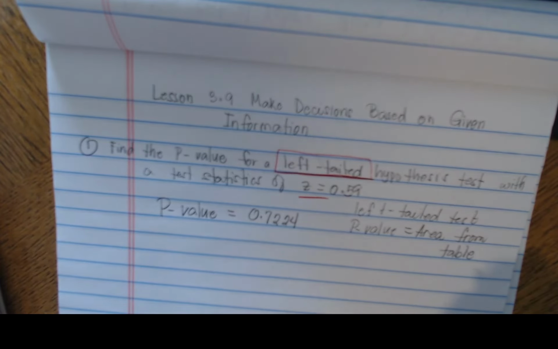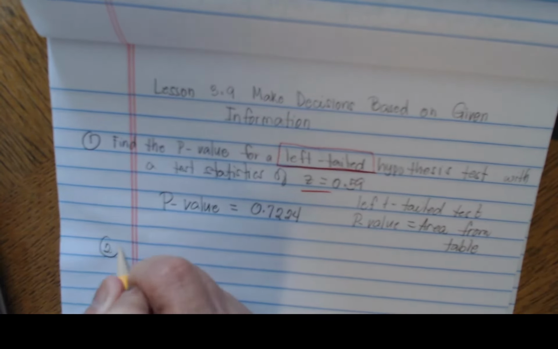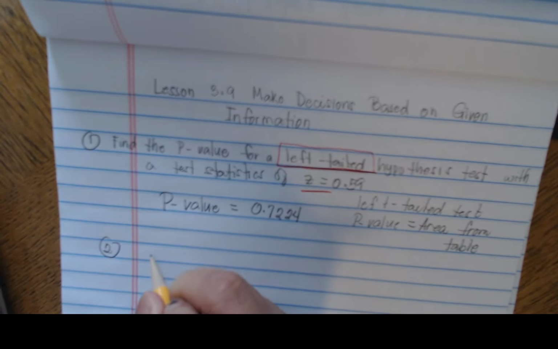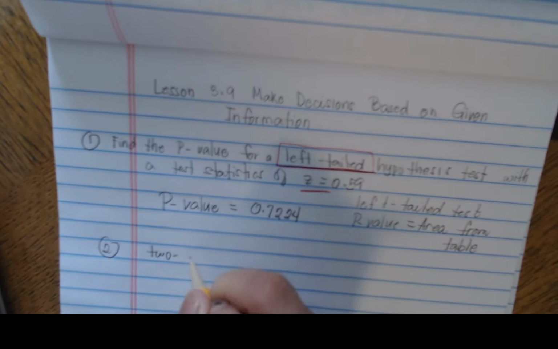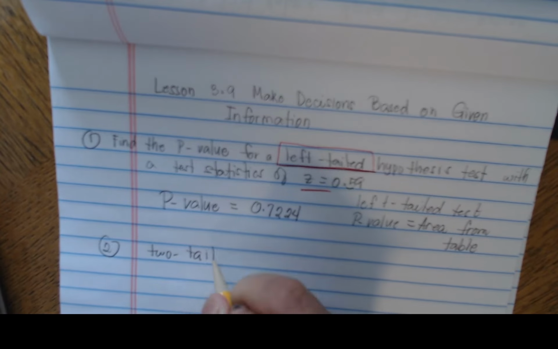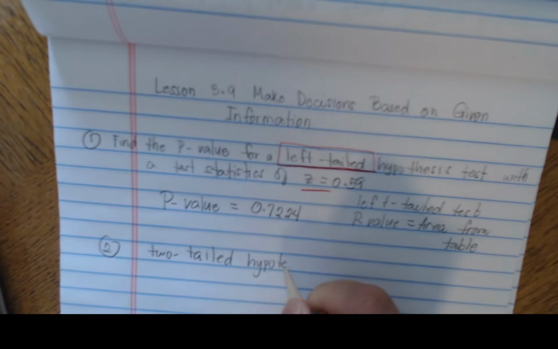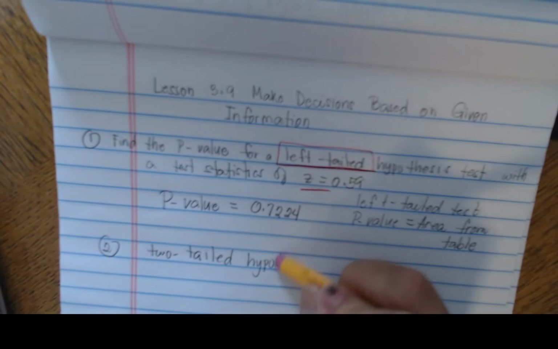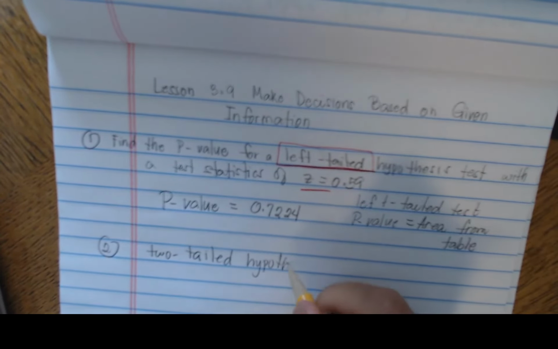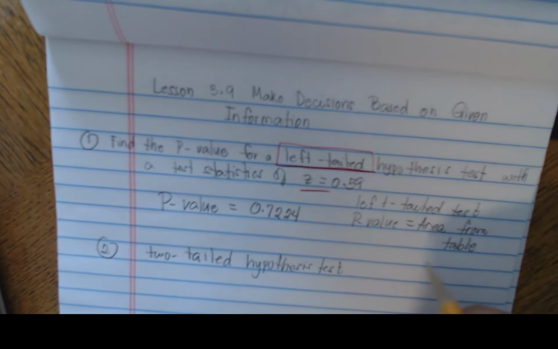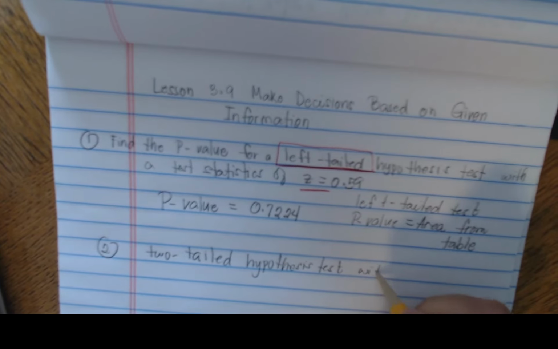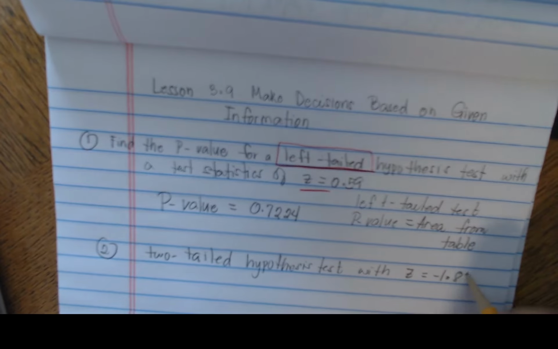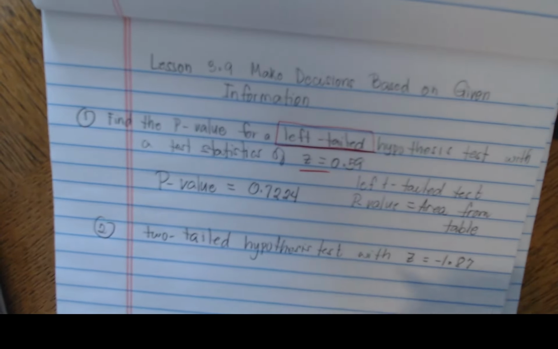So for now, the second, find the p-value for two-tailed hypothesis test with z equals negative 1.87. So what do we have here?